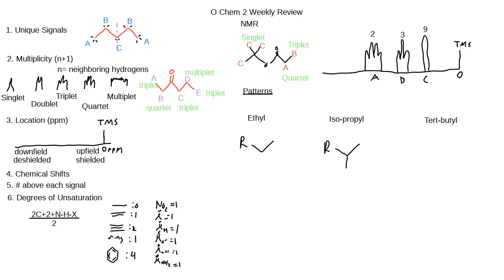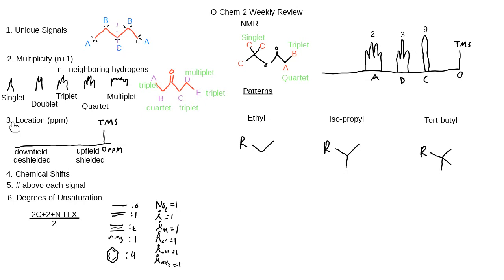And then tert-butyl has an R group and then 3 methyls. Okay. So if you notice, we're really just adding extra methyls as we go on. This has 1 methyl, this has 2, this has 3, okay?